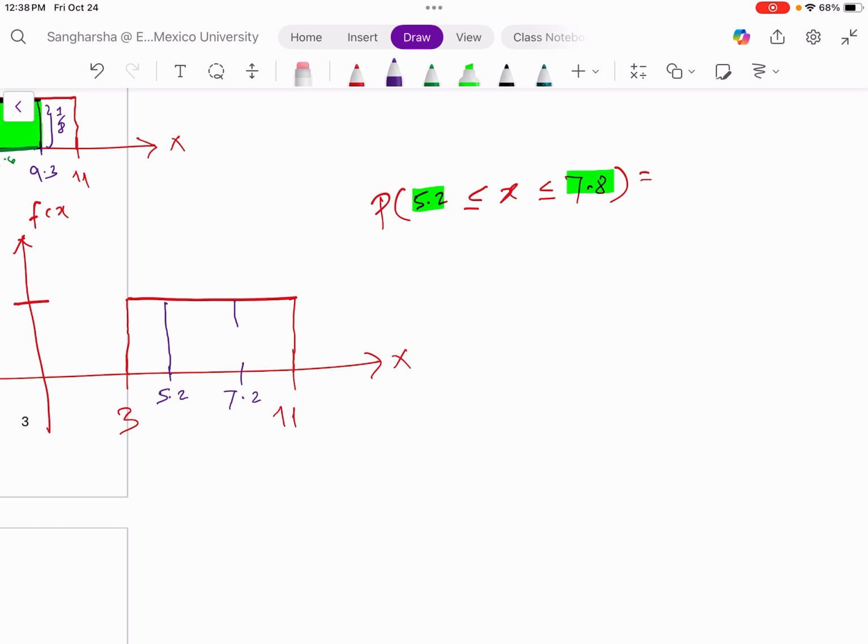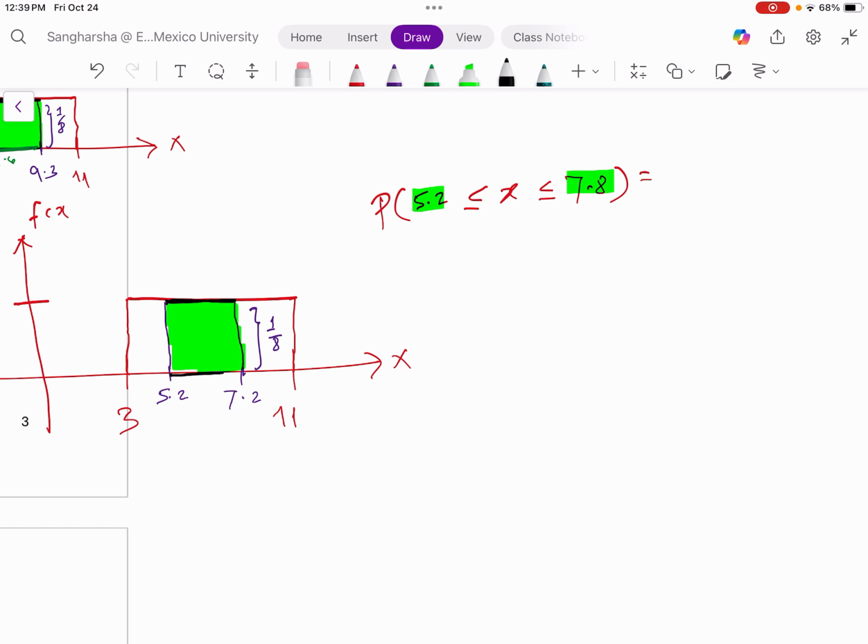So we draw a vertical line at these two numbers. At first we want to locate the graph between these two numbers, from 5.2 to 7.8. So this is the graph, and finding probability means finding the area under this graph, the area of this green region, which is a rectangle. This height is again 1 over 8.